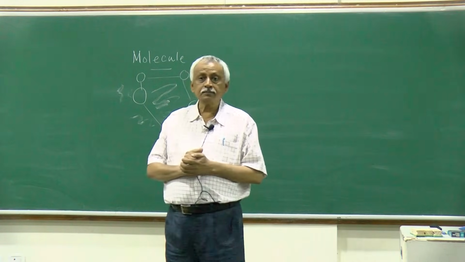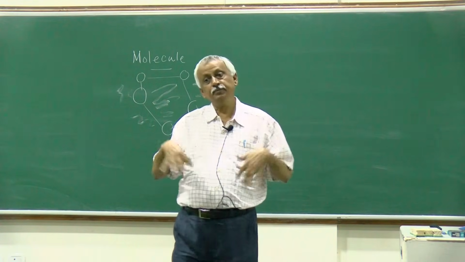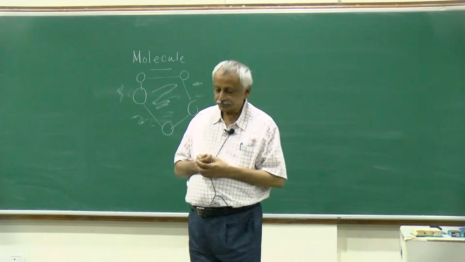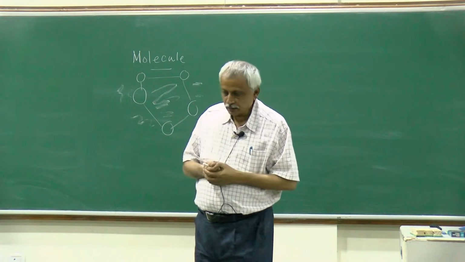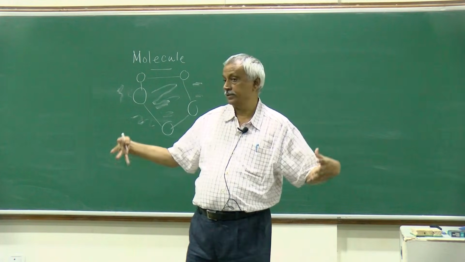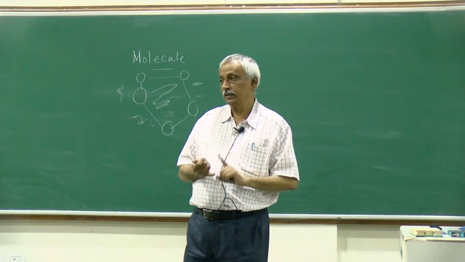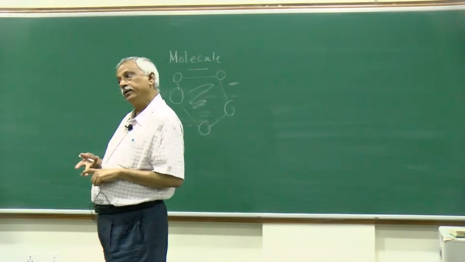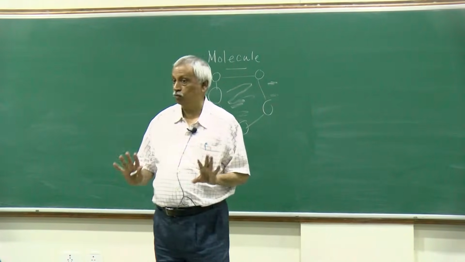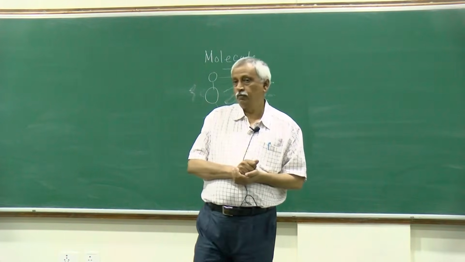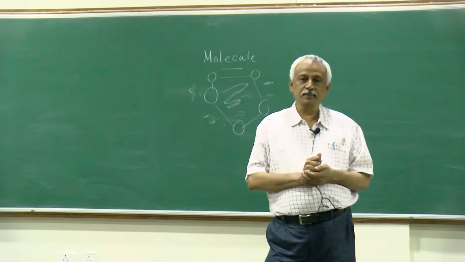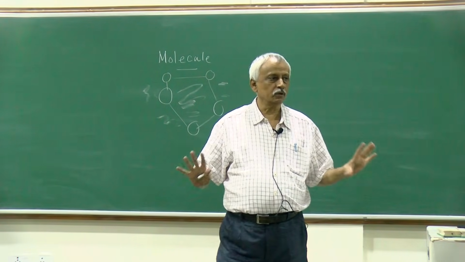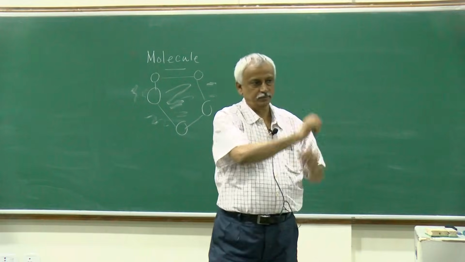What happens? The adjustment of the electrons is done in such a way that the resultant of all these forces, electron-nuclear attractive forces, electron-electron repulsive forces, and nuclear-nuclear repulsive forces, becomes zero. And you know from classical mechanics, when there is no force acting on a system, we say the system is in its equilibrium.